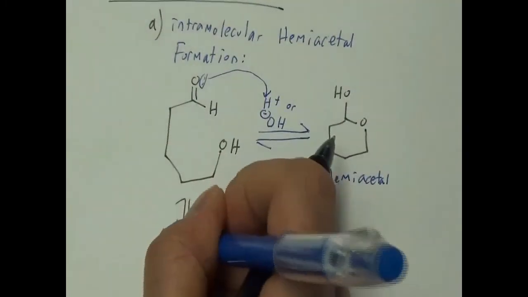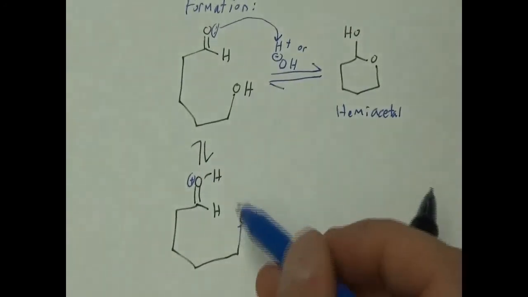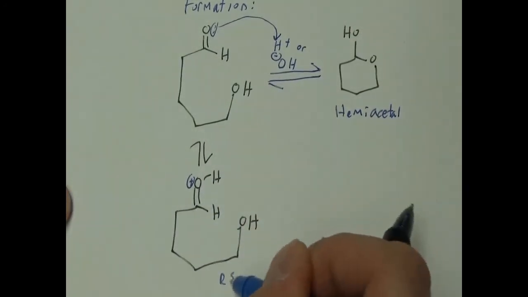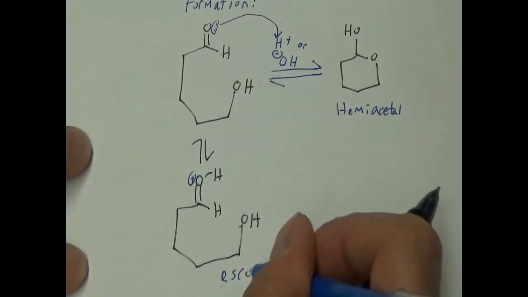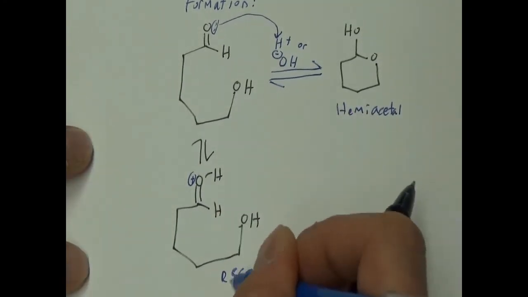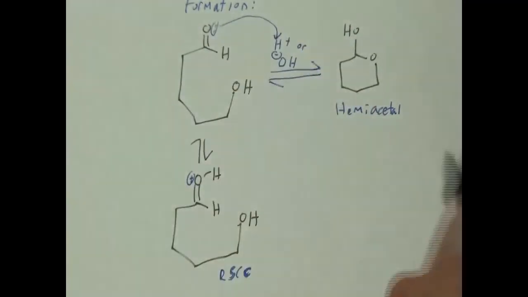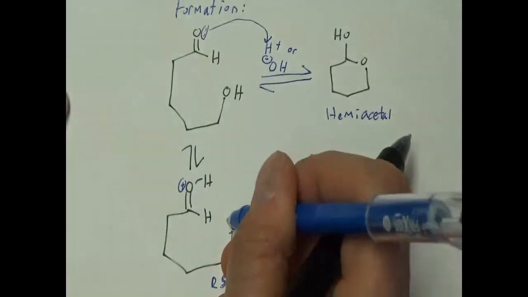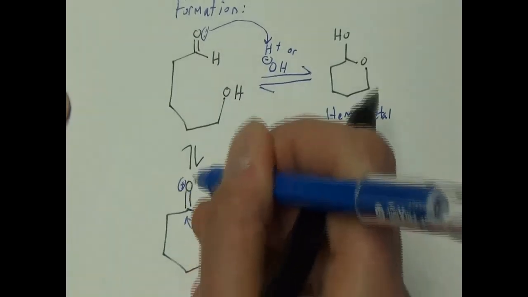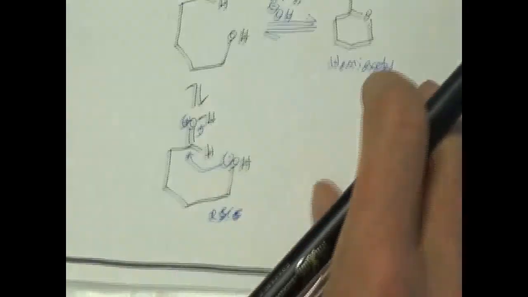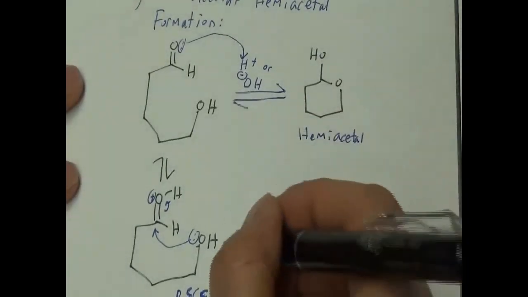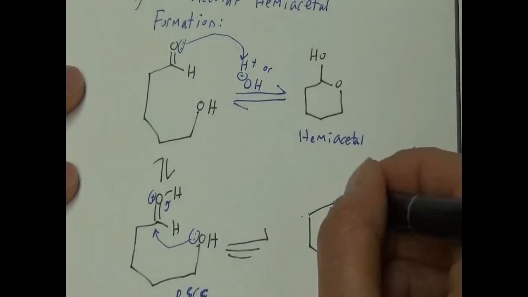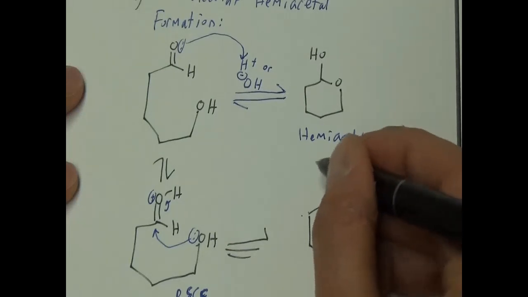I'm not going to draw both resonance structures of this. You could if you want, but this is an RSCC, right? And we're very close to the product. All we have to do is have this guy attack. It's basically the product now, OH.